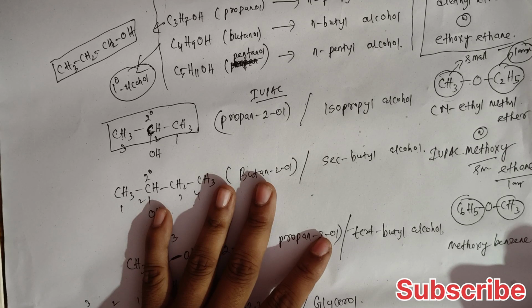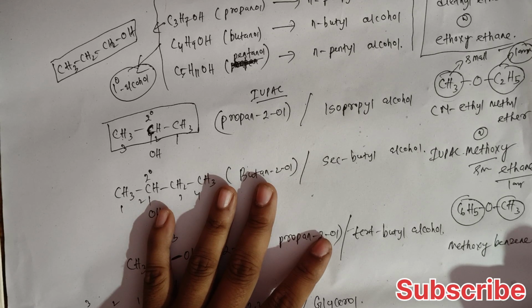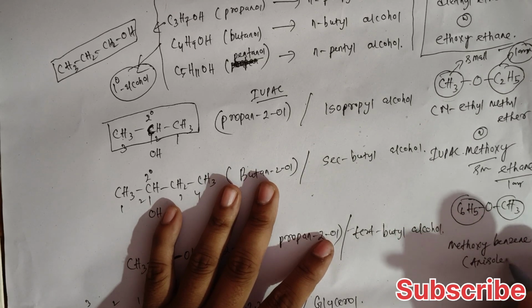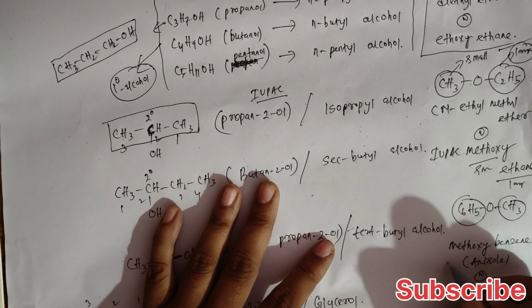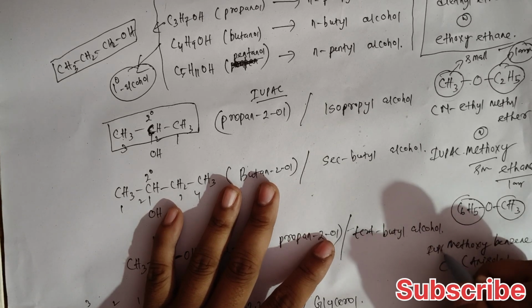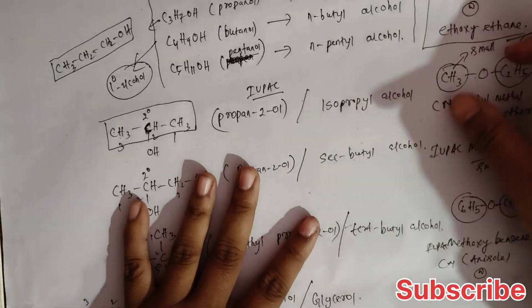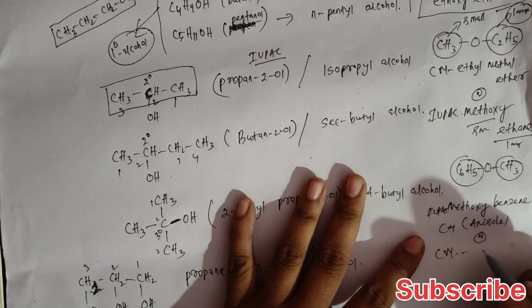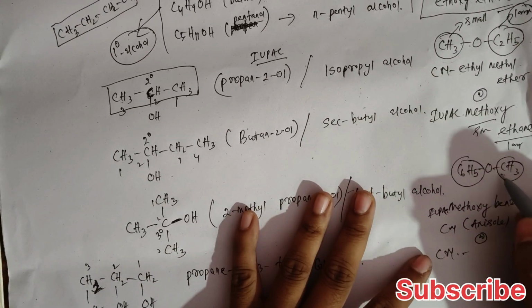Methoxybenzene will be its IUPAC name, which can also be called anisole, its common name. Okay, this is our IUPAC name. Clear?